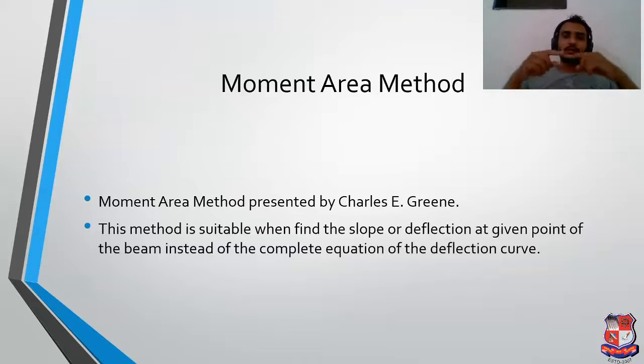If there is a beam and you want to find the slope at one point of the beam, you don't need to analyze the whole beam. You just need the portion which is important for you. So the moment area method is useful for finding slope and deflection at certain portions.